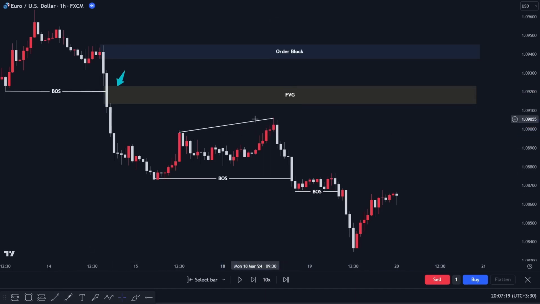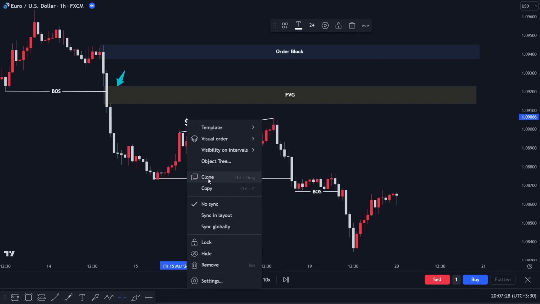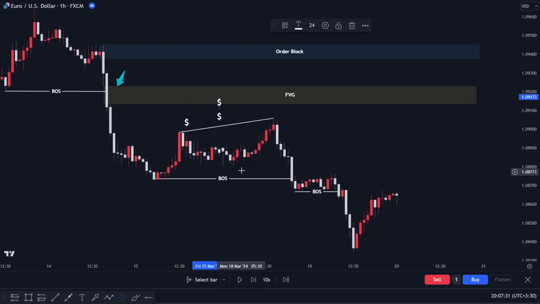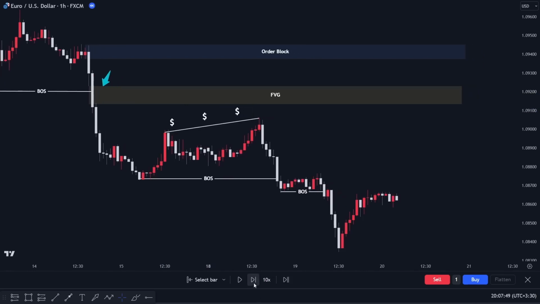Additionally, there's a substantial liquidity pool above these highs, awaiting clearance by the price. These factors highlight the extreme order block as a crucial zone for potential short positions if the price retraces back up and mitigates the order block. Let's see how the price action unfolds.